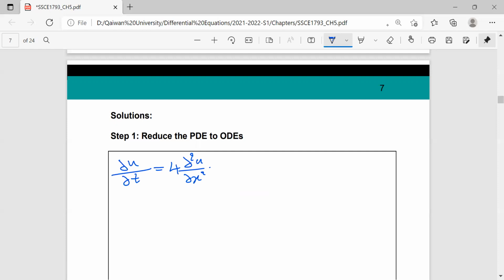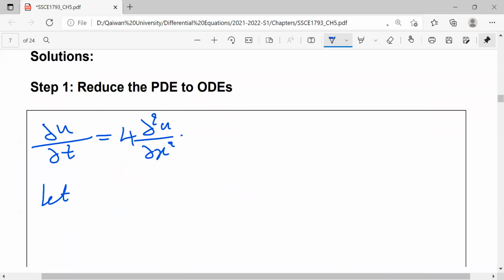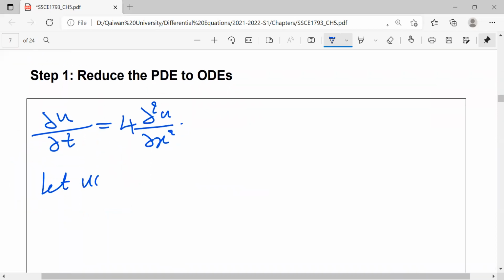How? We let u of x,t be X of x times T of t, to be a solution for the partial differential equation.